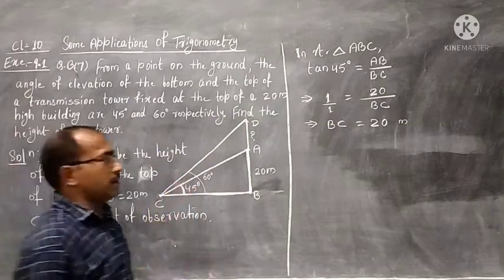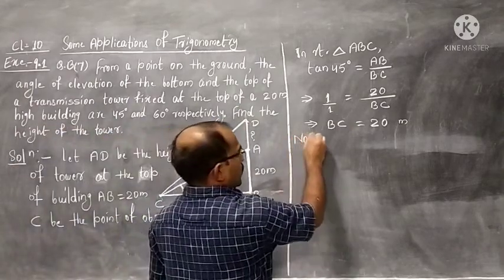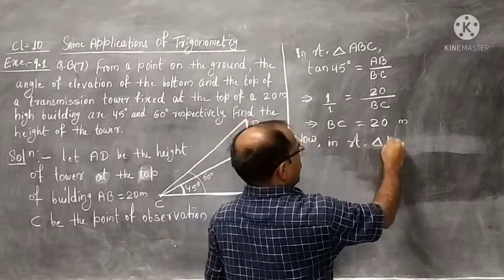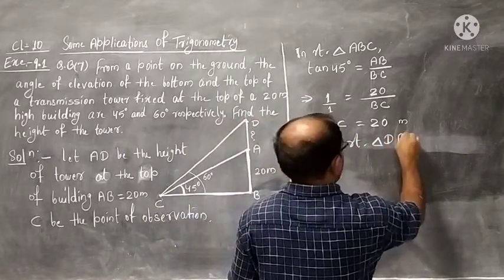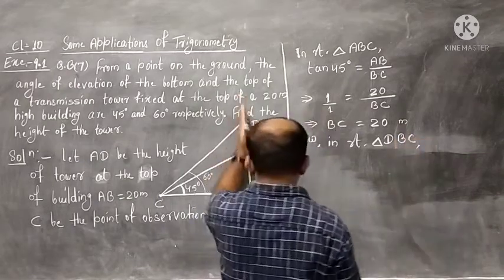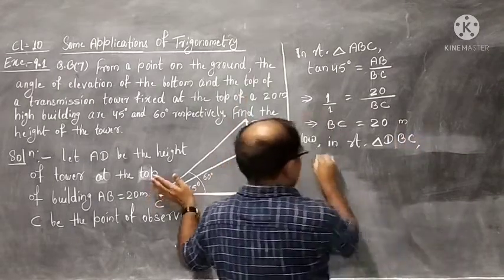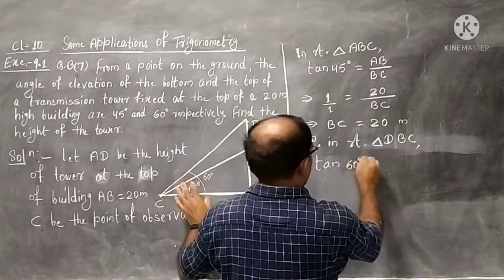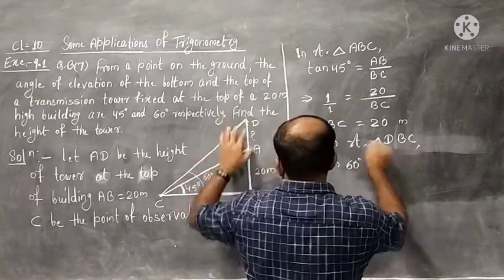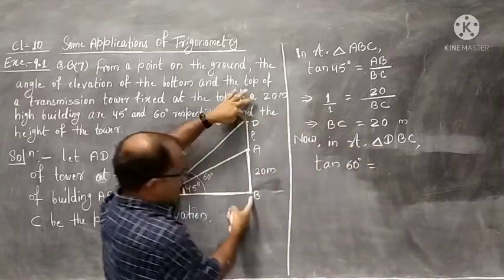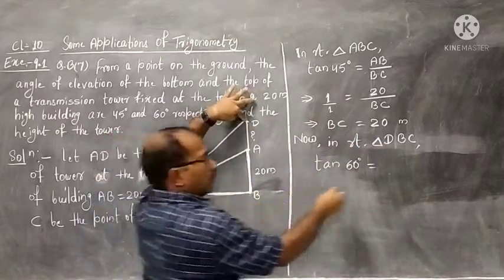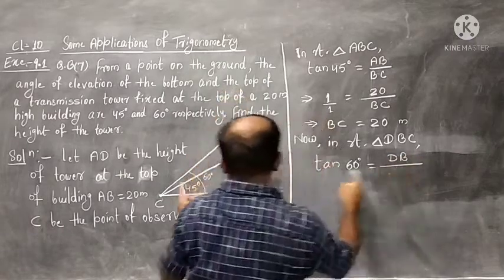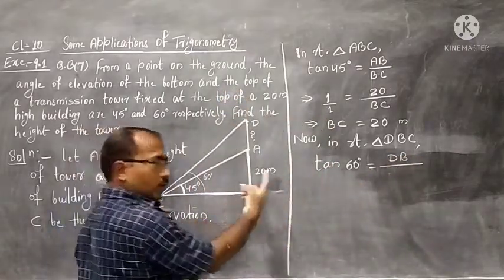So let us work in this right triangle DBC. Here also we will go for perpendicular and base. We will use the same ratio, tan 60 degree. Perpendicular will be from D to B, this full, so we will use DB. The base will remain the same, BC, for the whole triangle also.